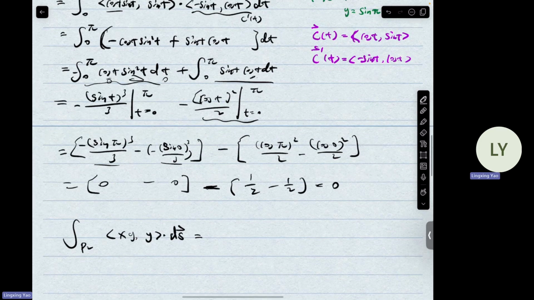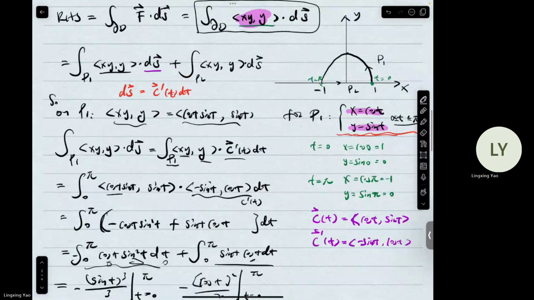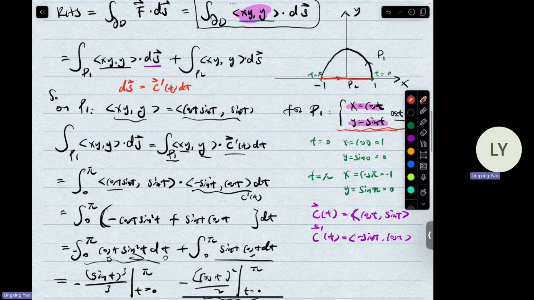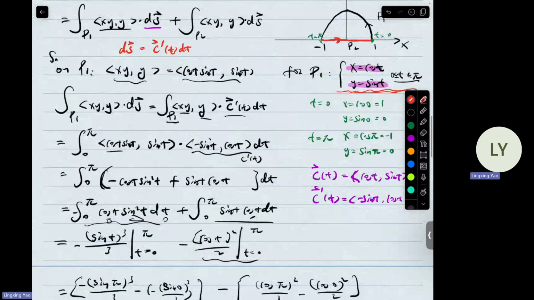But on the part two, here, I want to use this to indicate. So how do we parameterize this red segment? It is indeed just the x variable itself, or t variable itself, for t between -1 to +1, right?